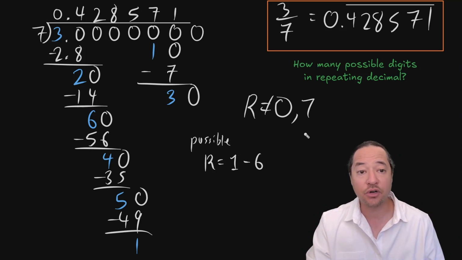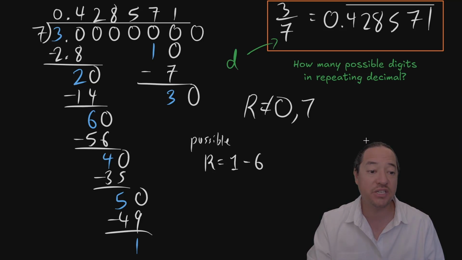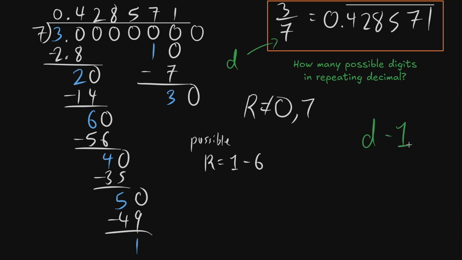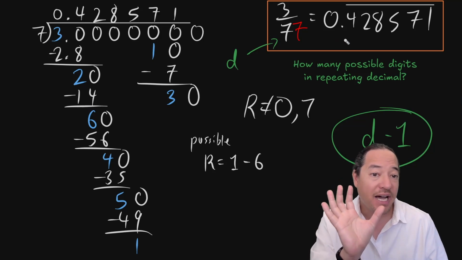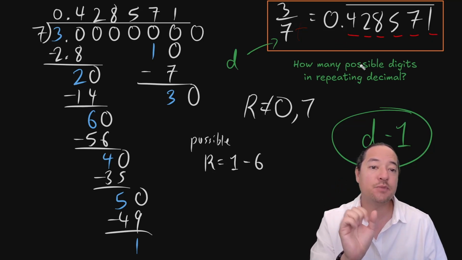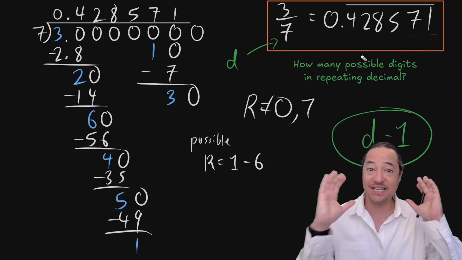So in general, if we call this number the denominator, the maximum possible number of repeating digits is the denominator minus 1. You can imagine if we had 3 divided by 77, it is possible you could get a decimal representation 76 digits long.